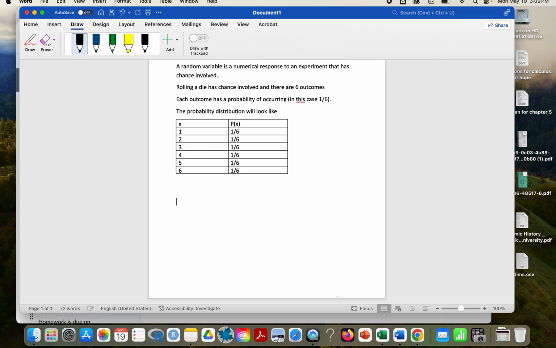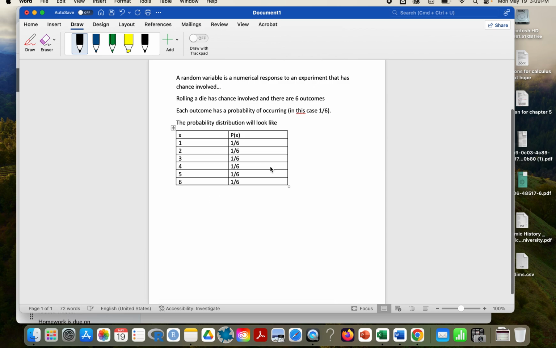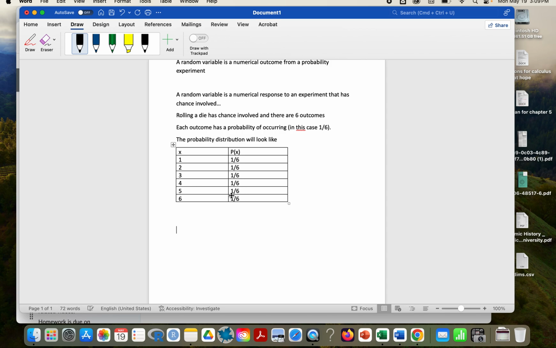Good deal. Okay. So now we're going to talk about the mean and the variance and the standard deviation from a probability distribution. And you do need to note, I didn't say this earlier, this is a discrete probability distribution. These values aren't continuous, so 1 is the only value that you're getting, or 2 or 3 or 4 or 5 or 6. We're not able to get 1.1 or 1.2 or 1.3.